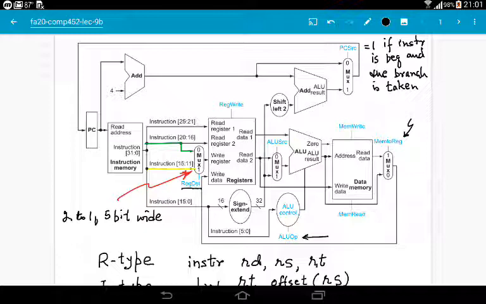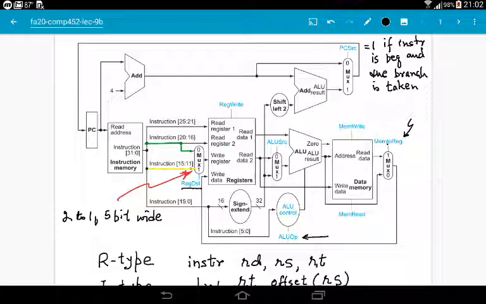For example, we perform an add operation and we want to store the result of the add operation in a register, so mem to reg must be set to 0 so that the result produced by ALU can go to the write data input of register file. Okay, so we have discussed these multiplexer select lines.